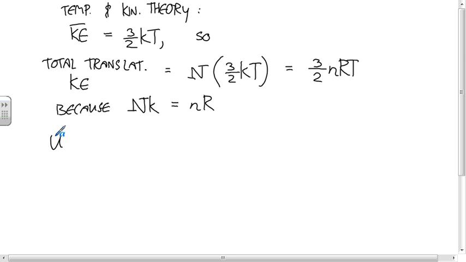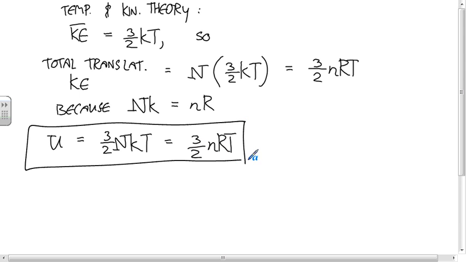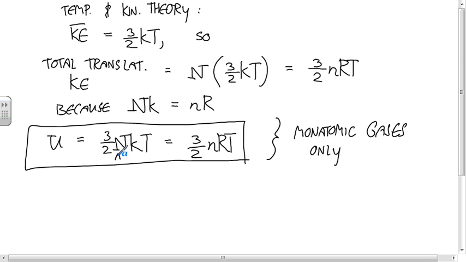Okay, so for monatomic gases, U is equal to 3/2 NkT, or 3/2 little n RT. This is true for monatomic gases only. And this big N is the number of molecules. Little n is the number of moles.